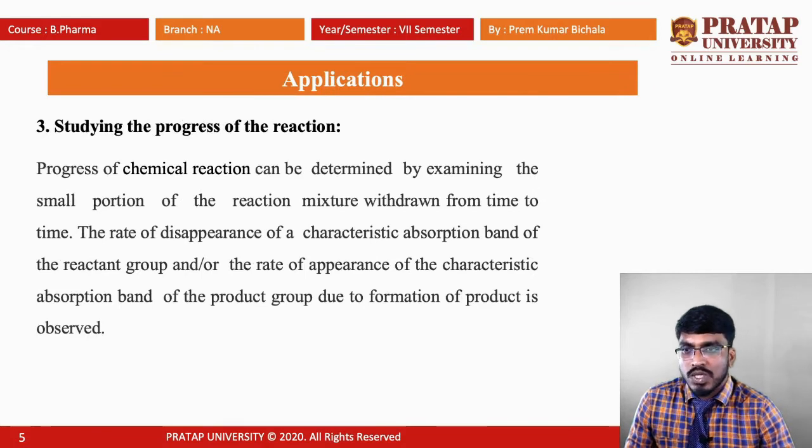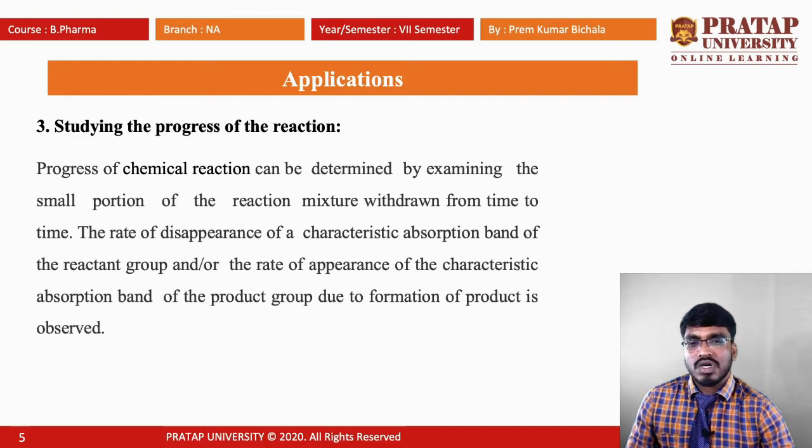Then the third one, studying the progress of the reaction. When you carry out a chemical reaction, we need to identify to what extent the reaction has been completed. In that case, we use IR spectroscopy to find out the progress of a specified chemical reaction.